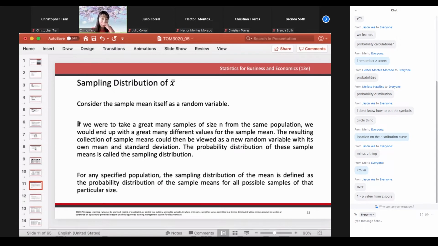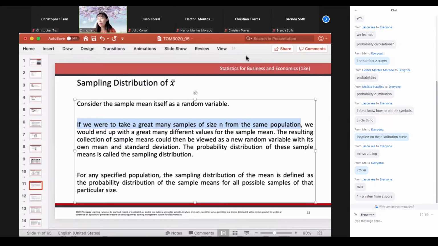So look at here. Think one more step beyond. If we were to take many samples of the same size, I don't necessarily have to take student number 1 through 30.